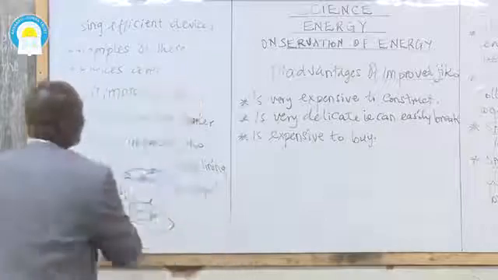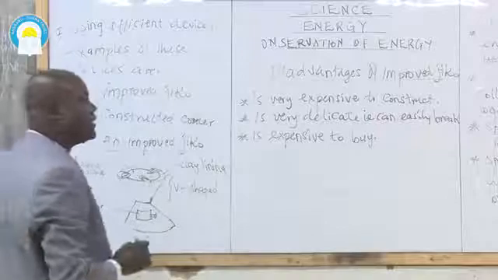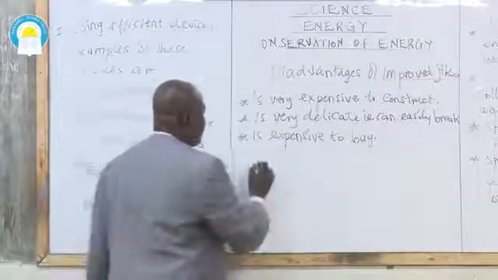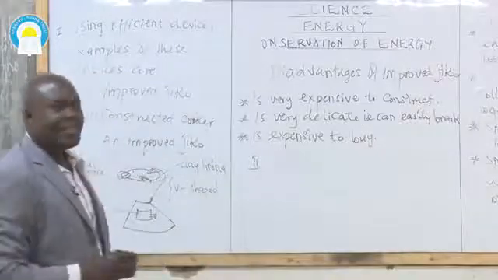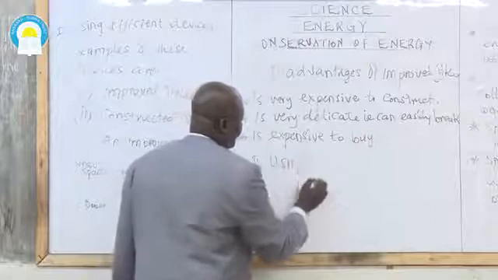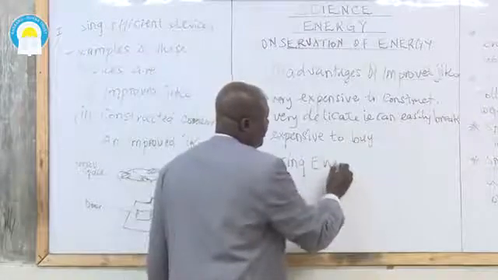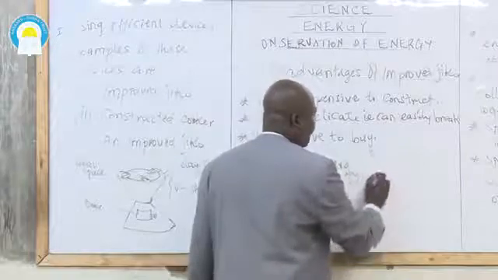This was number Roman 1, using energy saving device. We go to Roman 2, about using energy sparingly. So what is using energy sparingly?